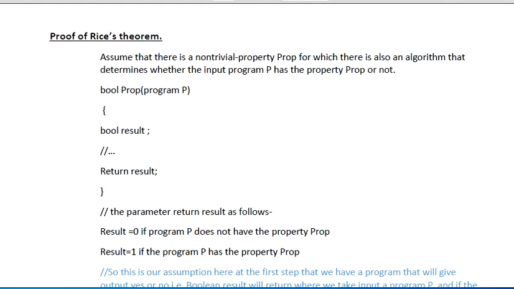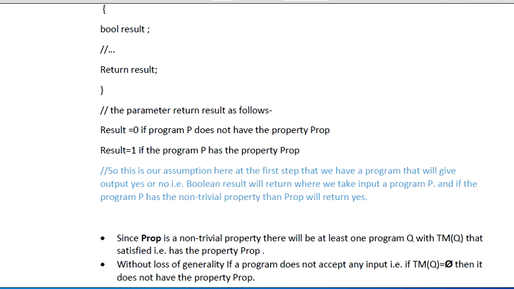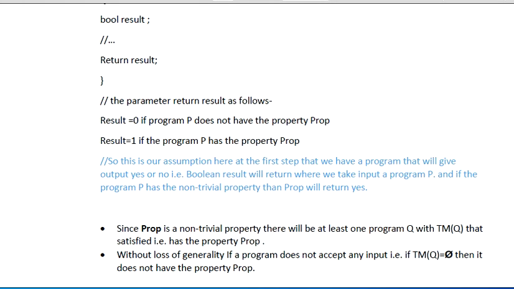So what does this actually mean? In this program we just assume that we have an algorithm that will decide whether program P has the non-trivial property or not. It will return the Boolean result. Since PROP is a non-trivial property, there would be at least one program that will satisfy the property and return yes, and that will be designed by a Turing machine TMQ.